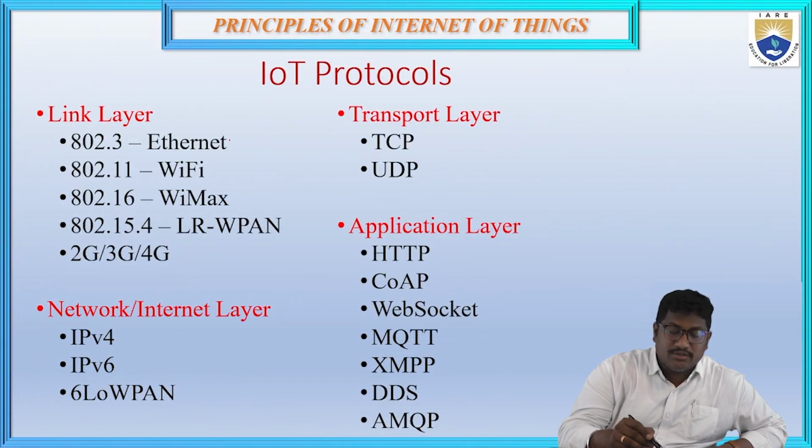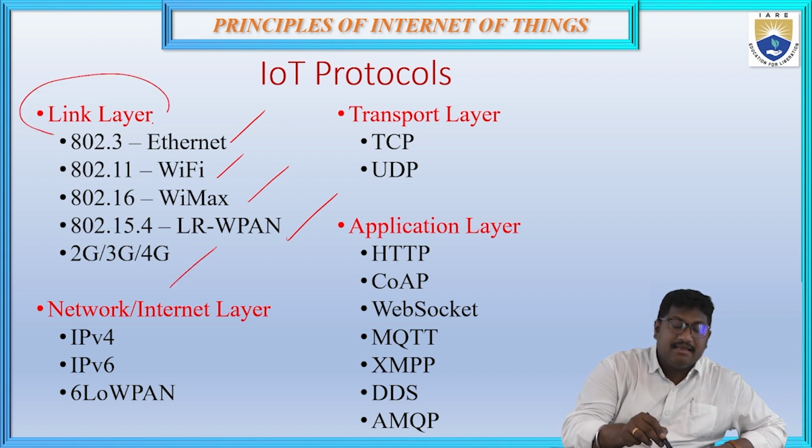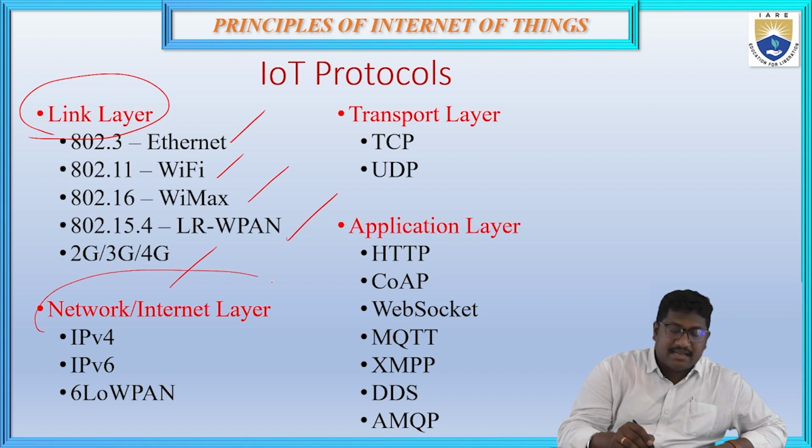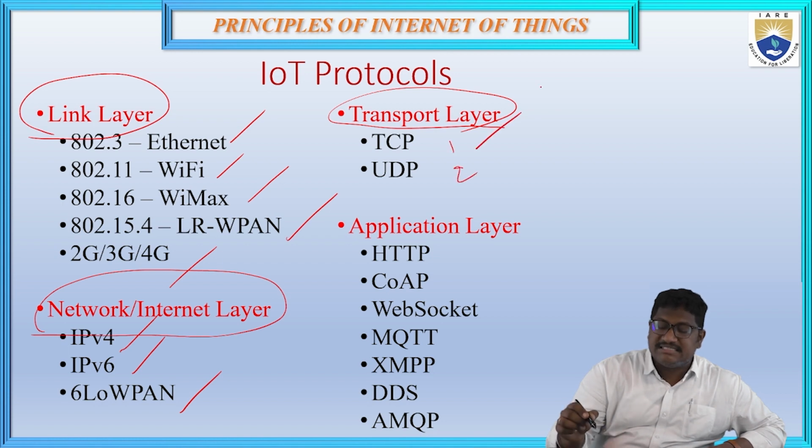As I told you, Ethernet, Wi-Fi, WiMAX, LR-WPAN, and 2G, 3G, 4G services are present in the link layer. Coming to the network or internet layer, only three different things: IP version 4, version 6, and 6LoWPAN. Coming to the transport layer, we only have two protocols: one is TCP, and the other one is UDP. Transmission Control Protocol, User Datagram Protocol.